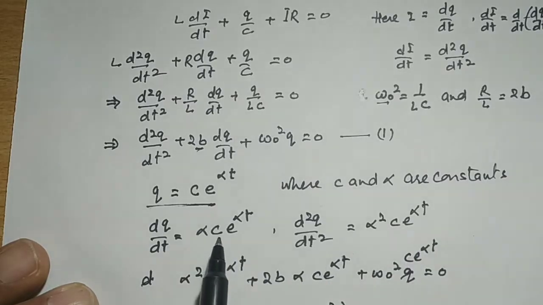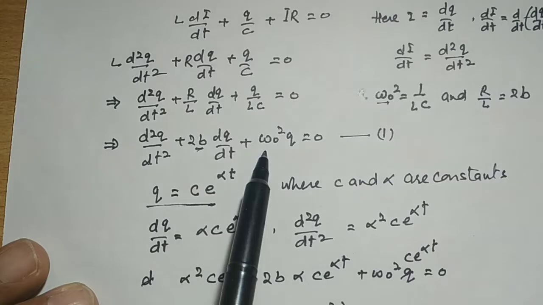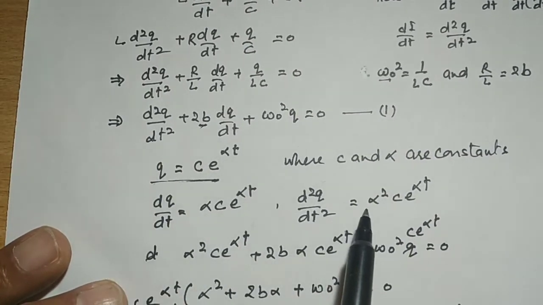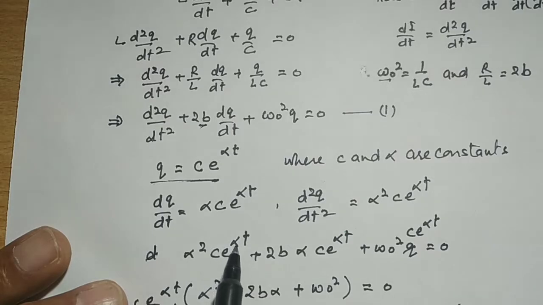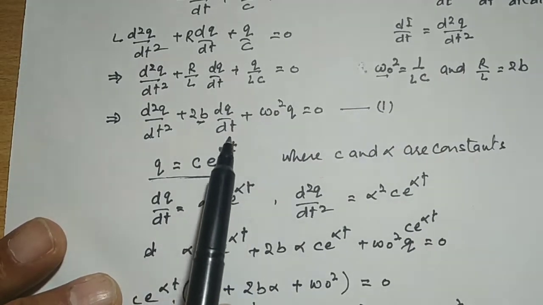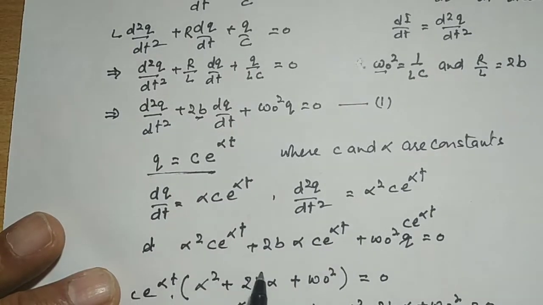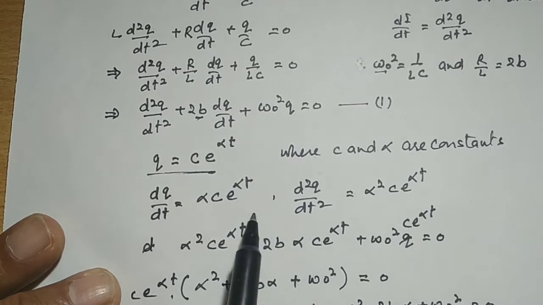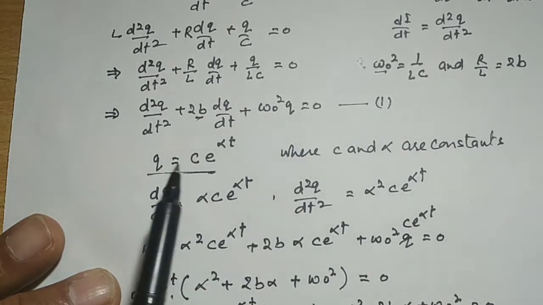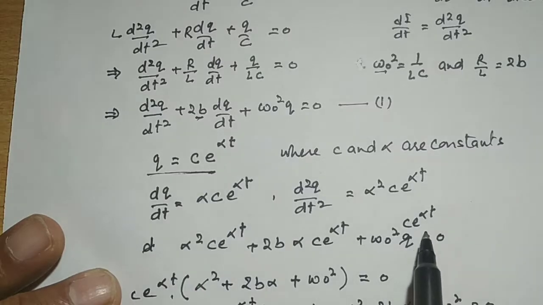Now substituting all these values in this equation, what we get is: the double differentiation term, alpha square c e^(alpha t), plus dq by dt, so 2b into alpha c e^(alpha t), plus omega naught square and the value of q which we have assumed, that is c e^(alpha t), equal to 0.